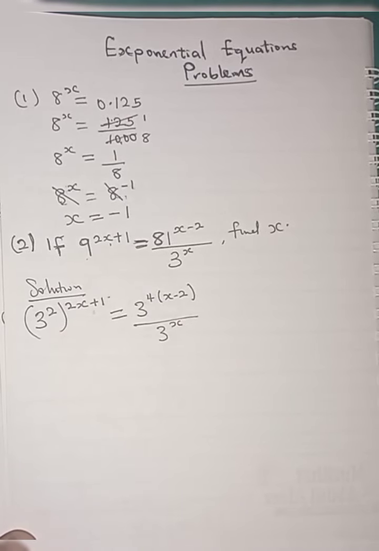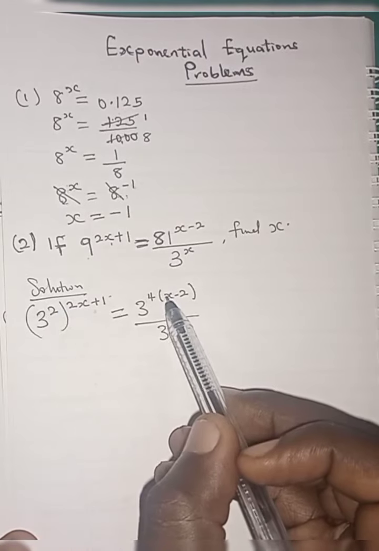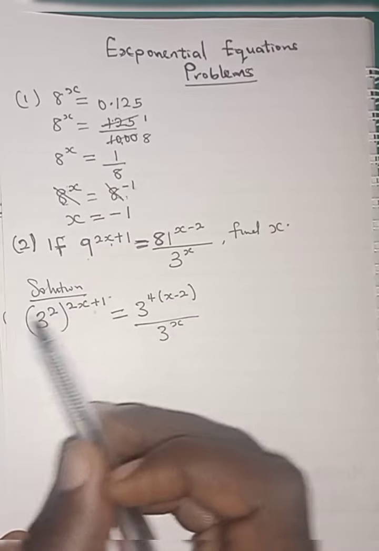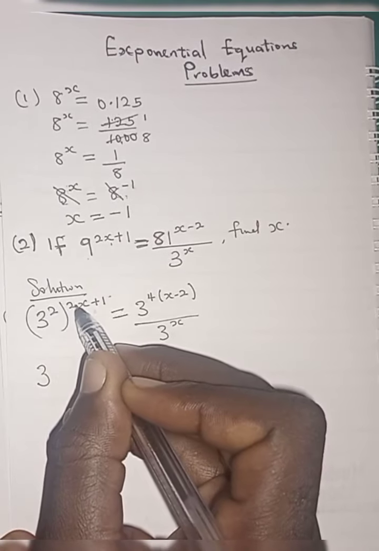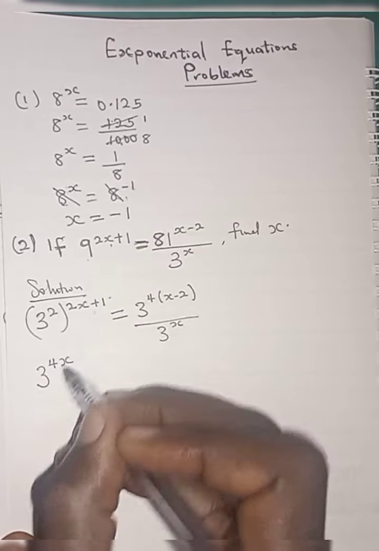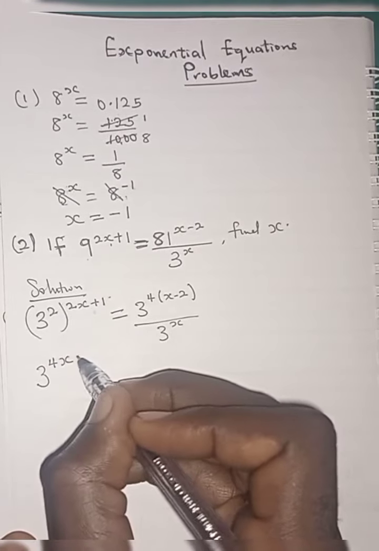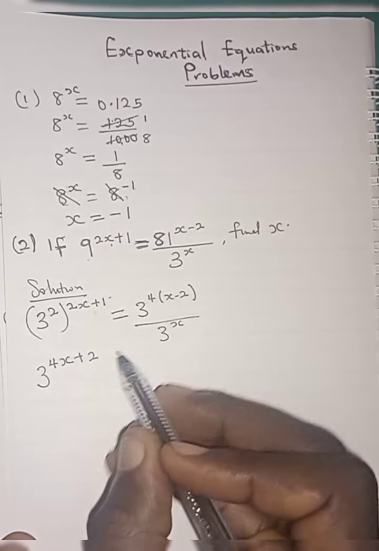That's our first step. The next step is to delete these brackets. So we are going to say 3, then 2 times 2x, we are going to have 4x, 2 times plus 1, we are going to have 2. That's 3 raised to power 4x plus 2.